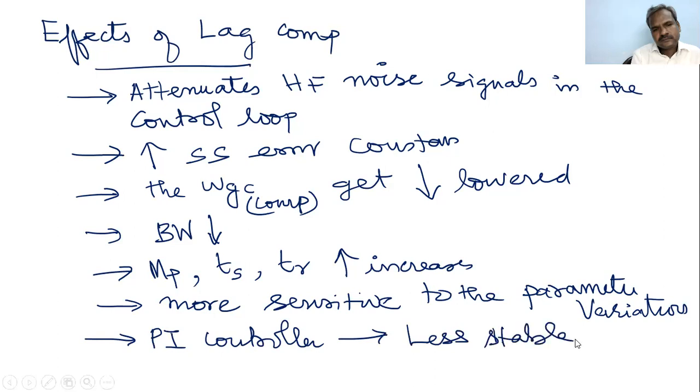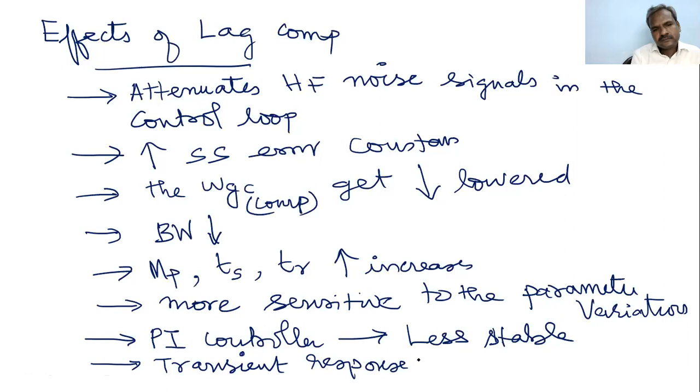The transient response of the compensated system becomes slower.